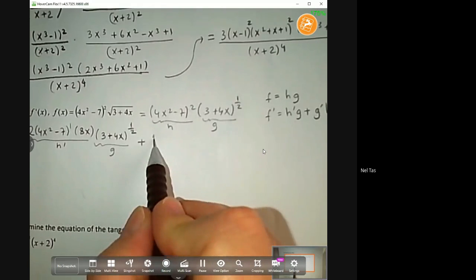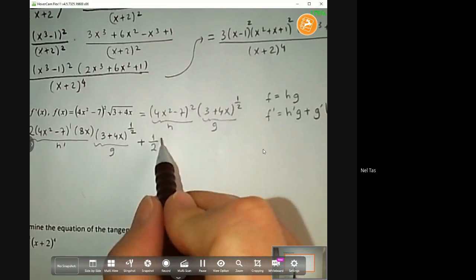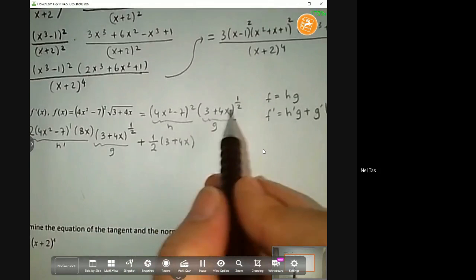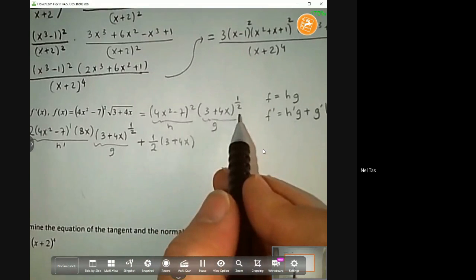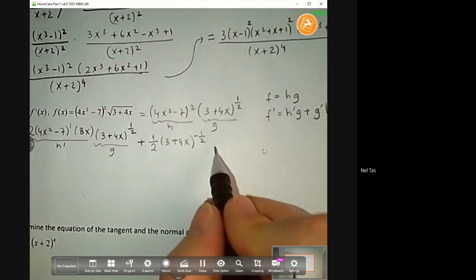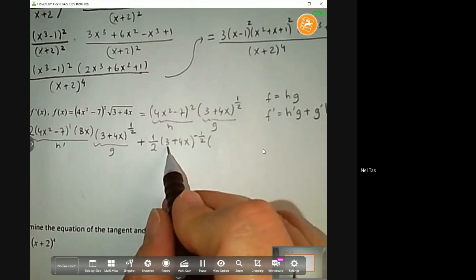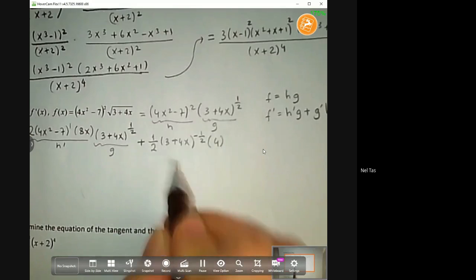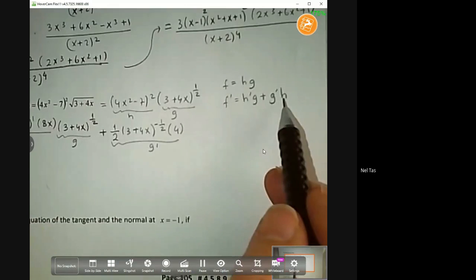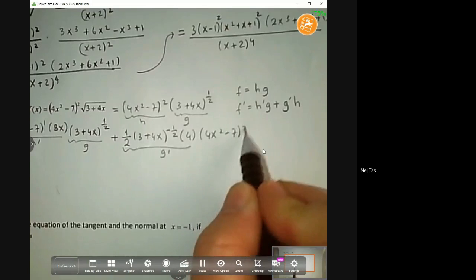Okay, so 1 over 2, we drop the exponent in front, keep the bracket as it is, 3 plus 4x, decrease the exponent by 1. 1 over 2 minus 1 gives you negative 1 over 2 times derivative of inside. So derivative of 3 is 0, derivative of 4x is 4. So that is now g prime, and we're going to multiply it by h, 4x squared minus 7 squared.